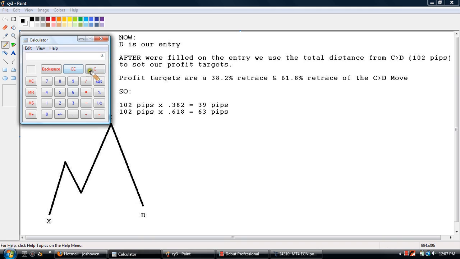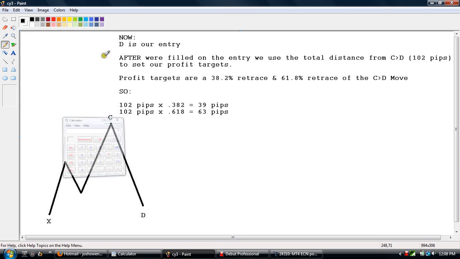If you put the calculator on it and you did 102 times 0.382 or 38.2%, that's going to net you 38.9 or 39 pips rounded up. So the distance from C to D, a 38% retrace, is going to be 39 pips this direction, and 63 pips is going to be the 618. Okay, so 63 pips is 61% of this C to D move.